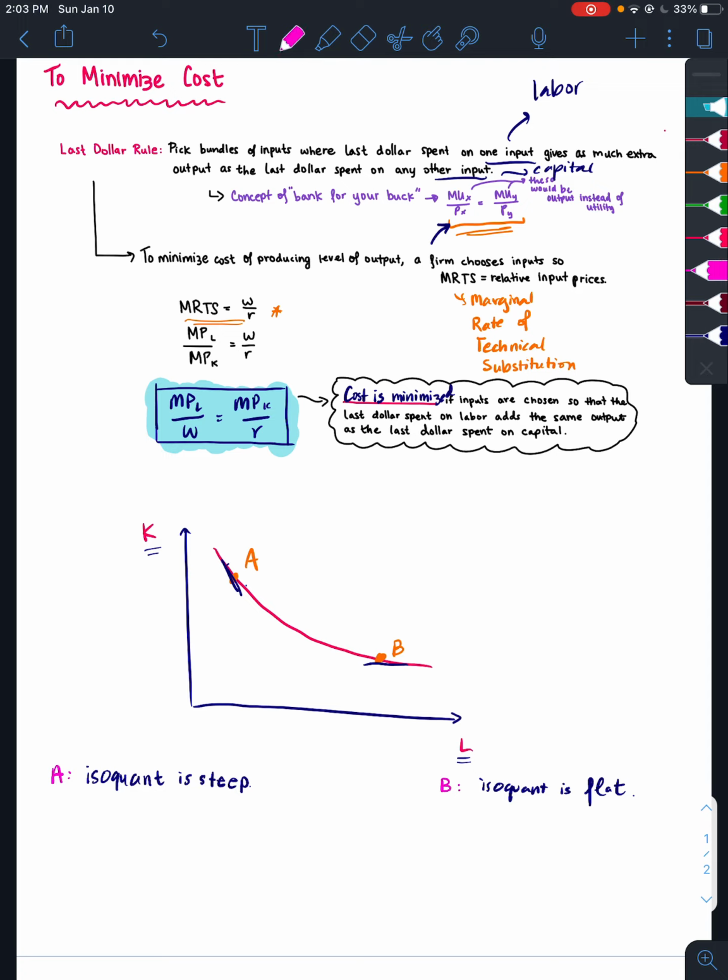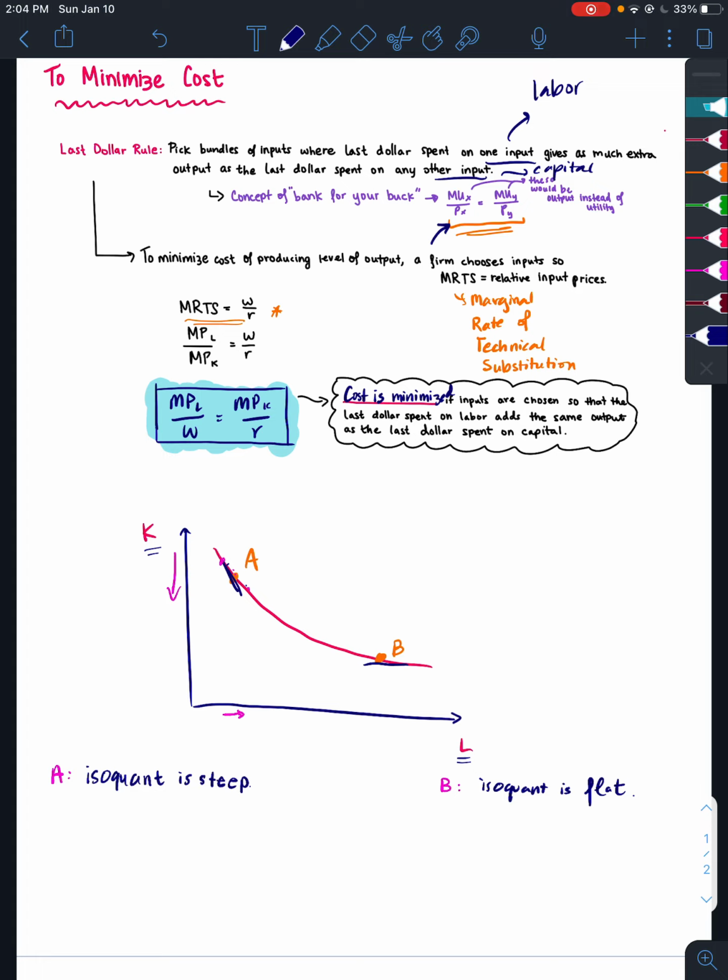We can reduce a lot more capital, right? If we go from, let's say, this point to this point, we can reduce a lot more capital and only increase a little bit of labor. So a lot of capital is going to be reduced while you're increasing labor by only a small amount in order to achieve the same level of output, right?